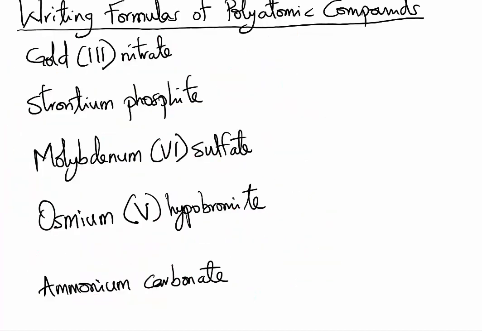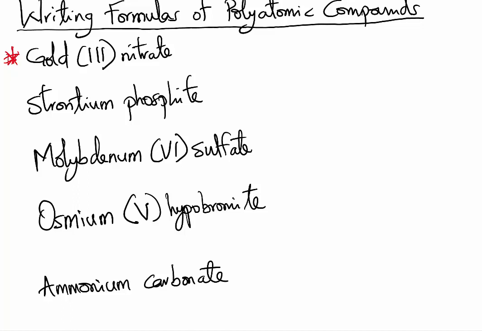Let us now look at how to write the formulas of polyatomic compounds from their names. Let us start with gold 3 nitrate.